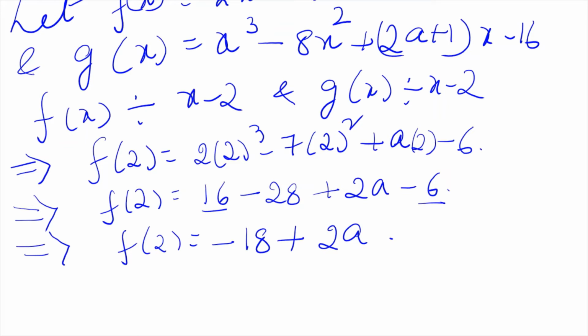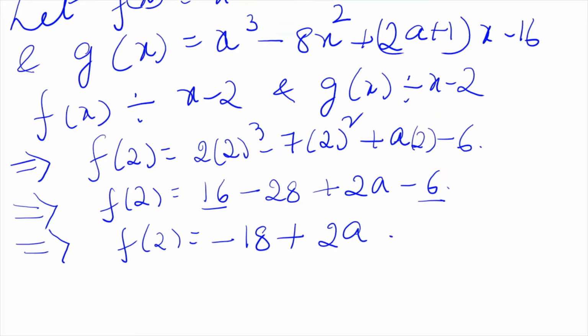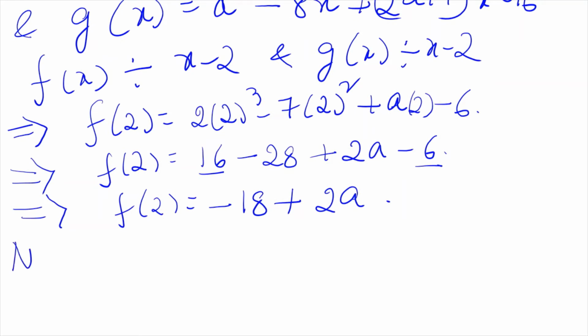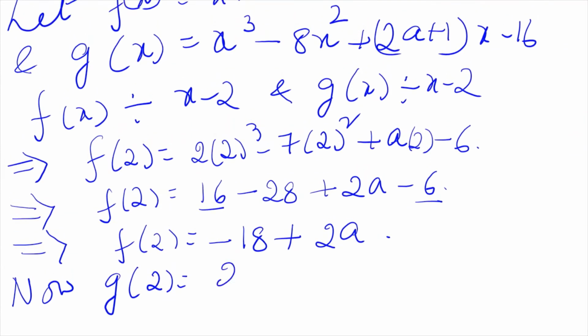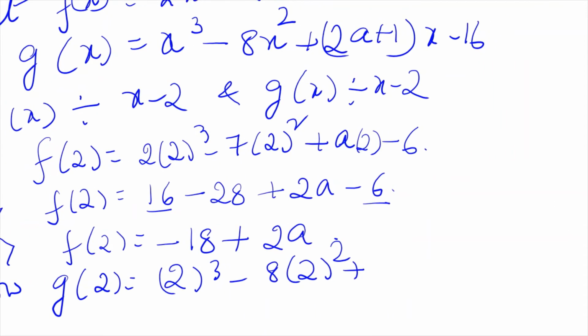Now the other one is g of 2. g(x) is x cube, so 2 cube minus 8 into 2 square plus (2a plus 1) into 2 in place of x, minus 16.